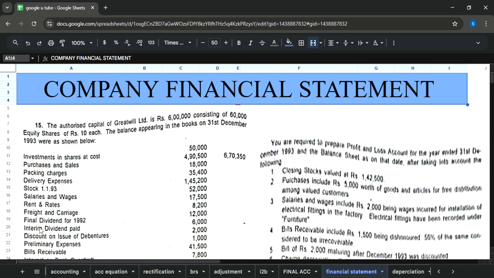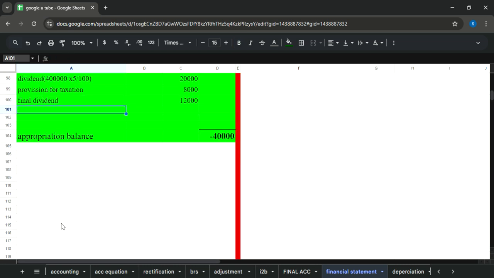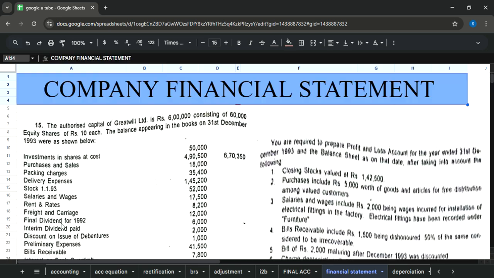Now let's see next, interim dividend. No matter whatever kind of dividend, we will choose the same place. Here interim dividend would be written. Amount of interim dividend is 6,000.